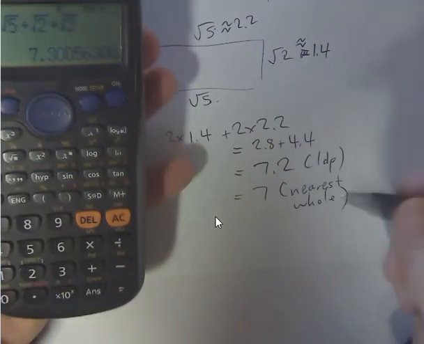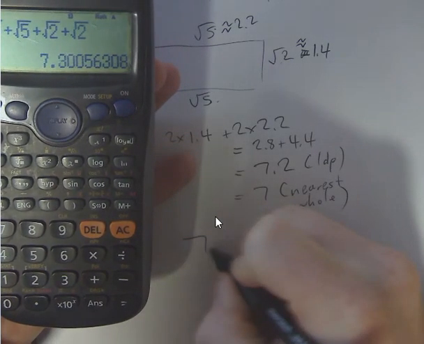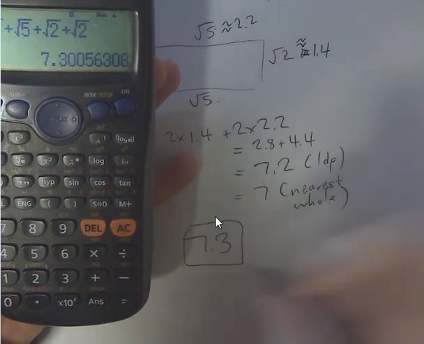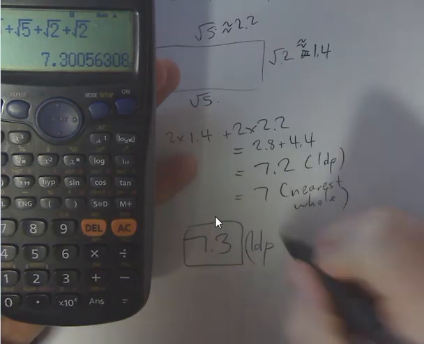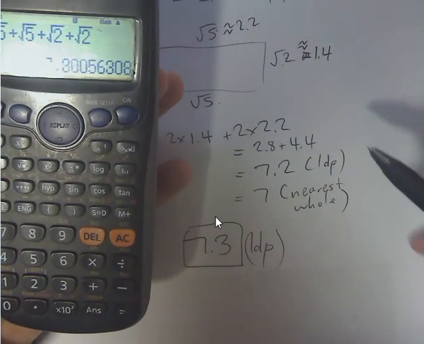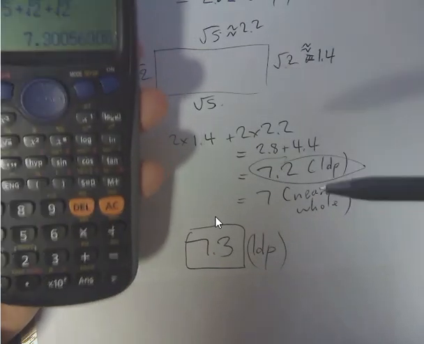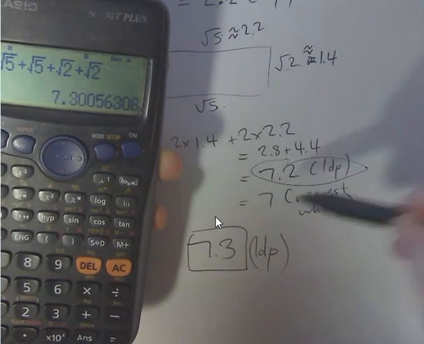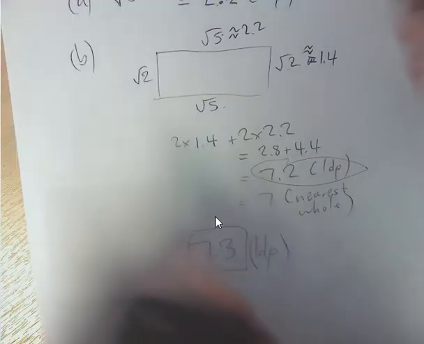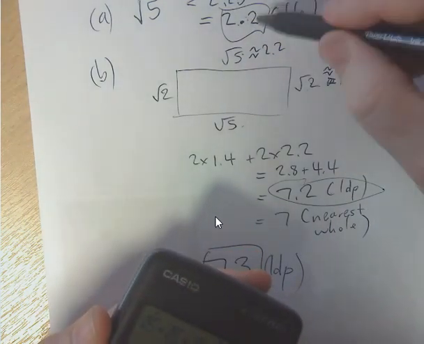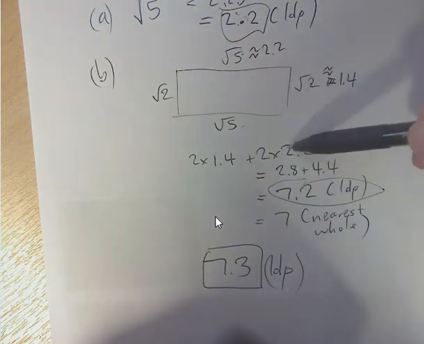You change that to a decimal. There we go, the actual answer is 7.3. Whereas if we use the rounded answers, we get 7.2. So this is a classic example of how you will needlessly get a question wrong if you use the rounded answers from a previous part in a later part.